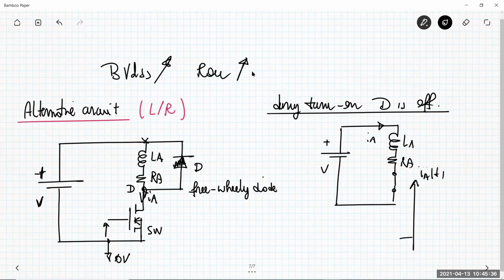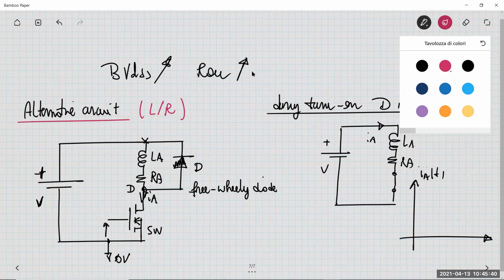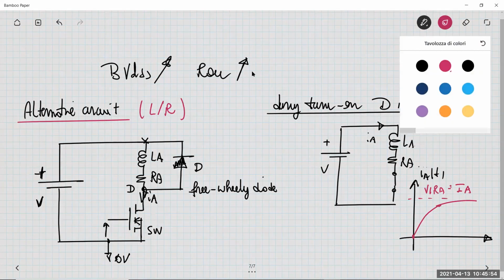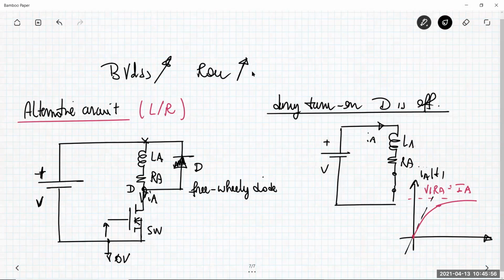You always have the same exponential rising current like this, reaching V over RA, or as we called it before, IA capital letter, in a few time constants, and the speed of this transition is dictated by the ratio V over LA.